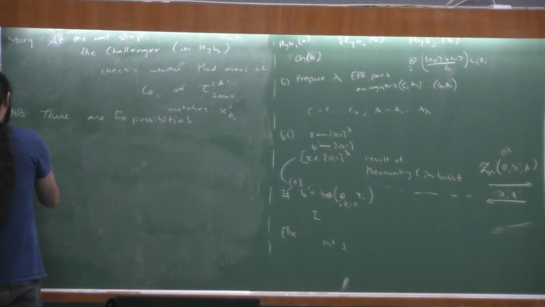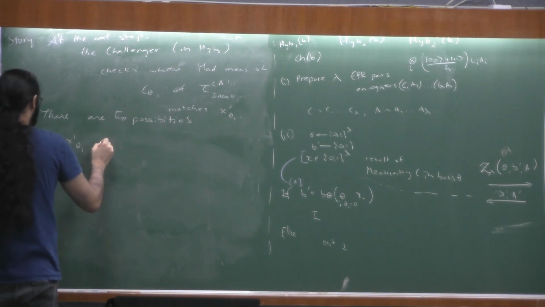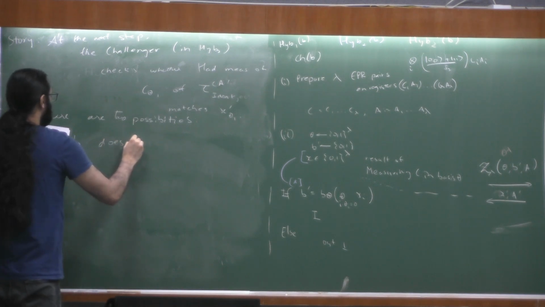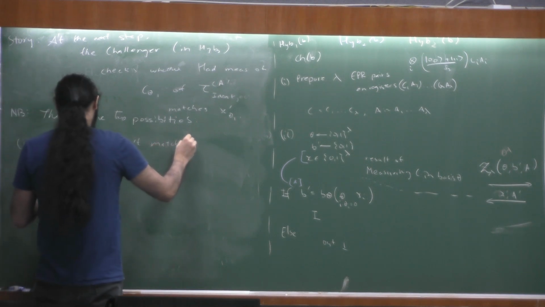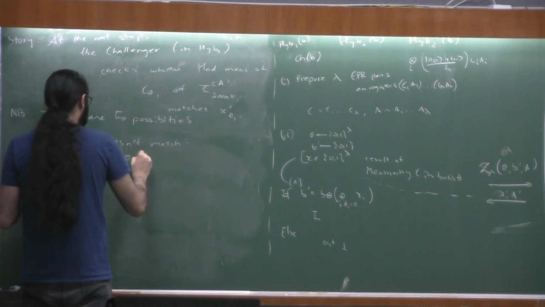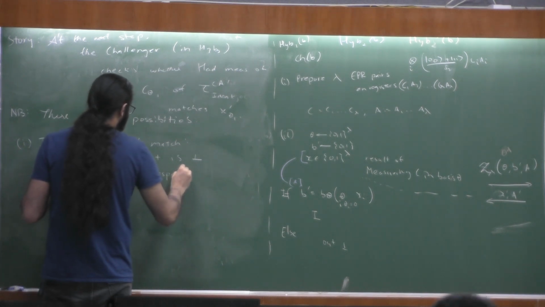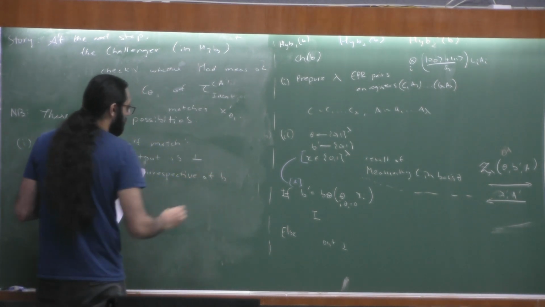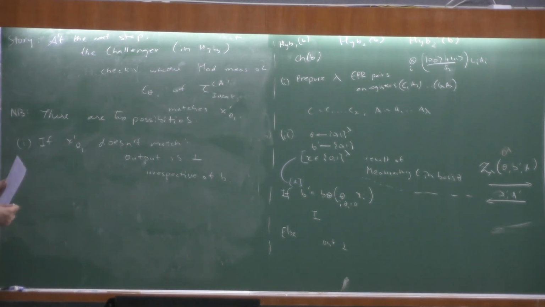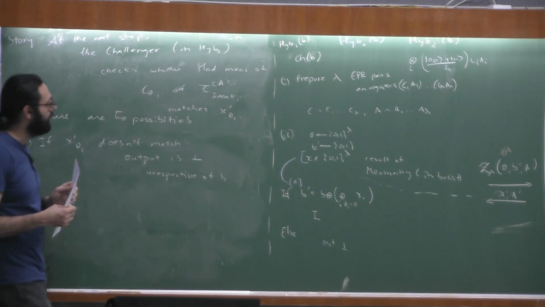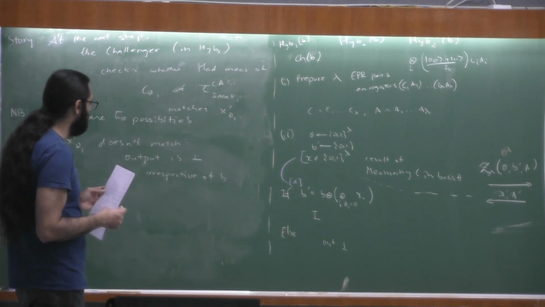The first is if X prime theta 1 doesn't match, the output is perp irrespective of P. The adversary is trying to cheat.